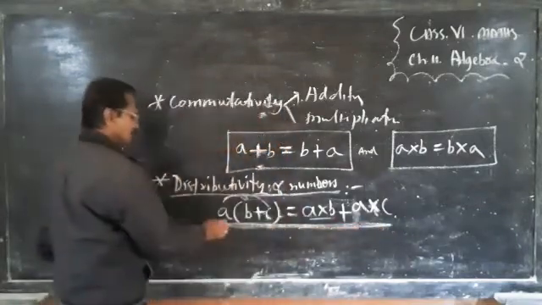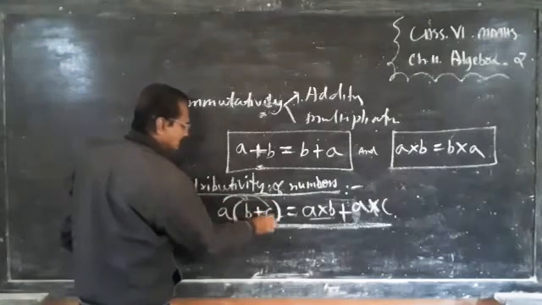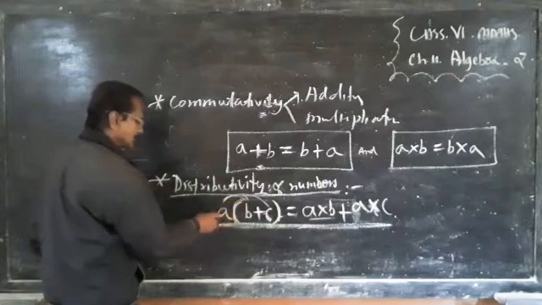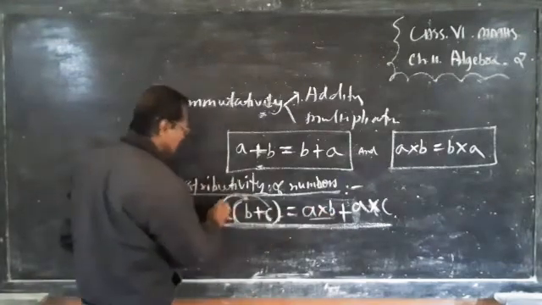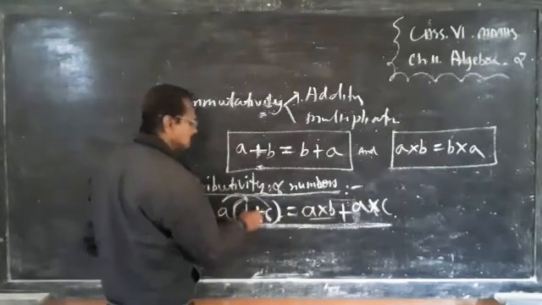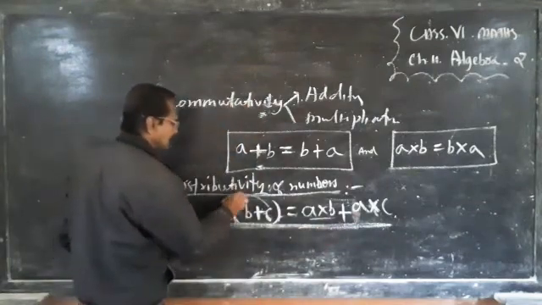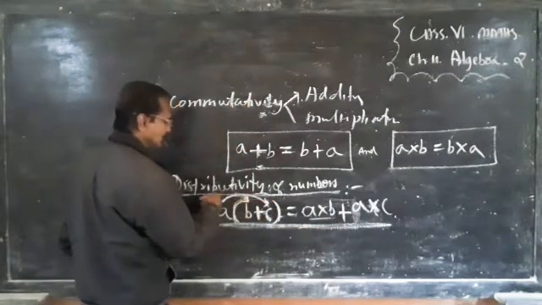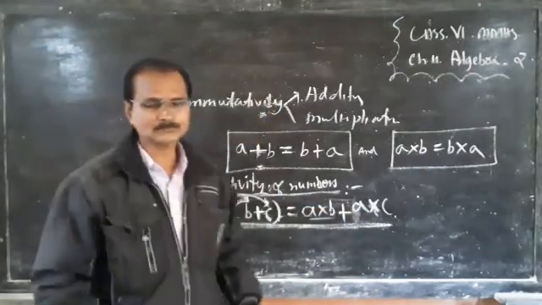Inside the bracket, 2 numbers are there, b plus c, and outside the bracket a is there. So first a will go to b, that is a into b. A is multiplying with b. Then of course the middle sign, that is plus, then a multiplied with c. This is a into c.